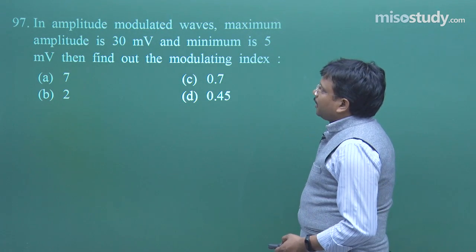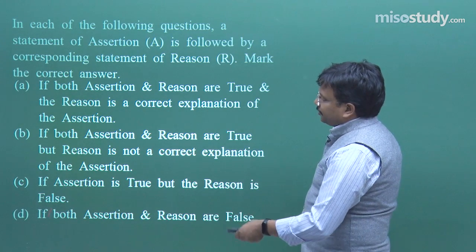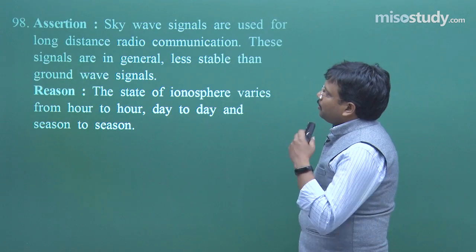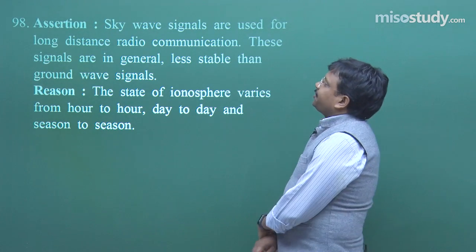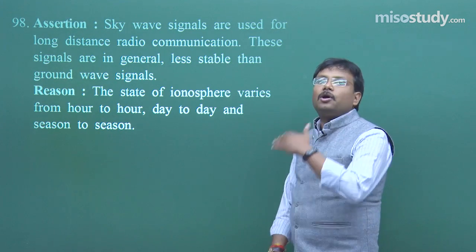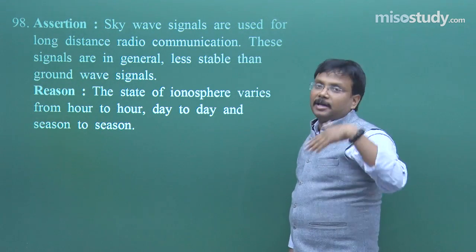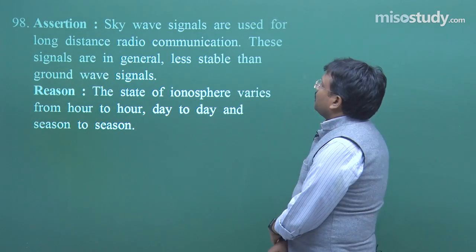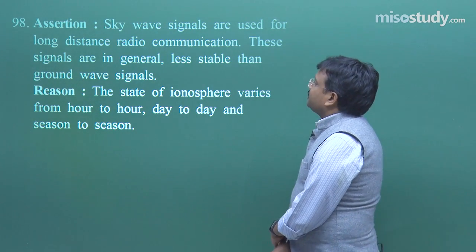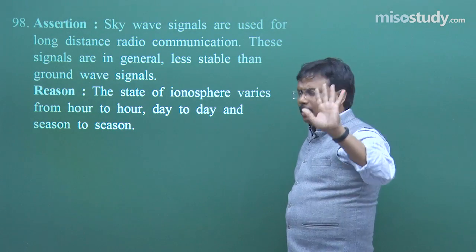After that, question number 98, again reason assertion. First statement: sky wave signals are used for long distance radio communication because from the ionosphere they get reflected, fine. These signals are in general less stable than ground wave signals, less stable, fine, but they can travel large distances.